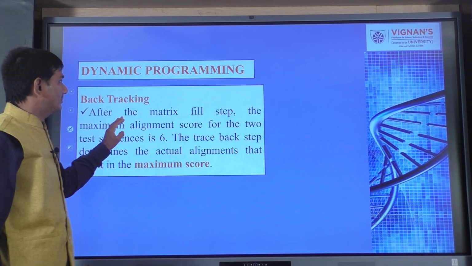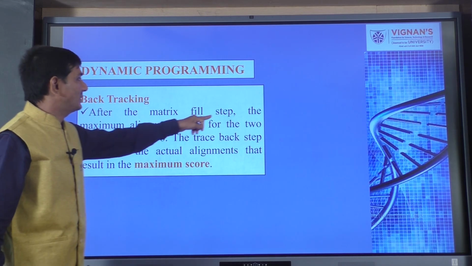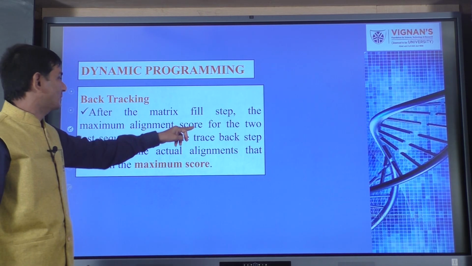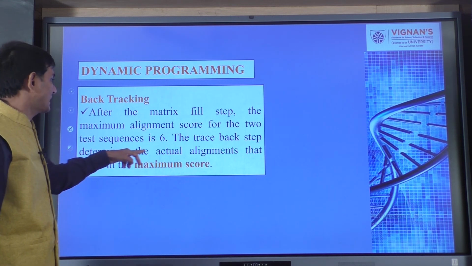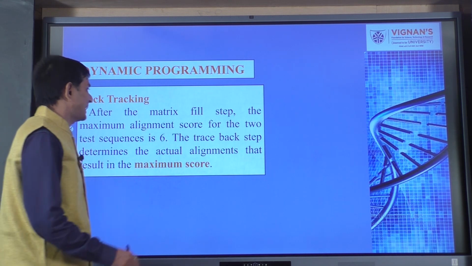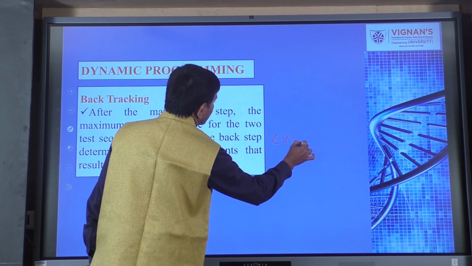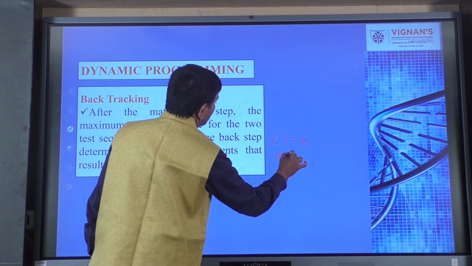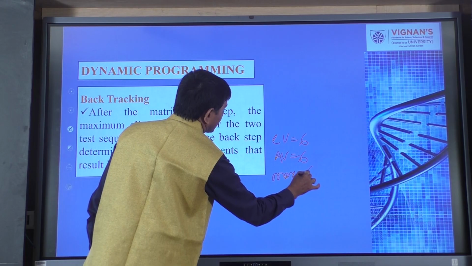So, once this matrix is filled, the last step is backtracing. So, after the matrix fill step, the maximum alignment score for the two test sequences is 6. So, the traceback step determines the actual alignment that results in the maximum score. So, where calculated value was 6, alignment value was 6 and maximum score was also 6.